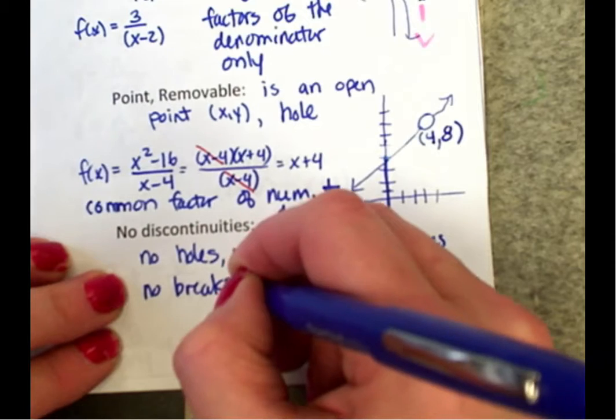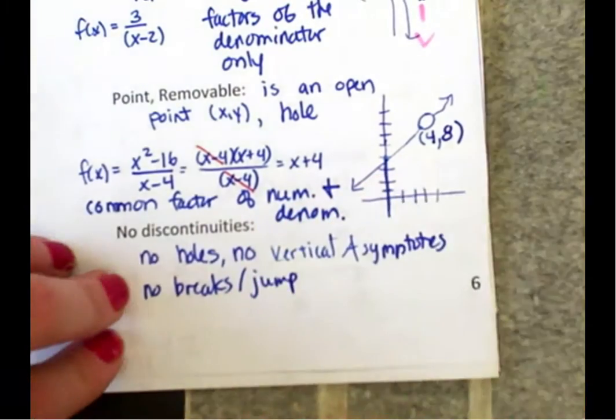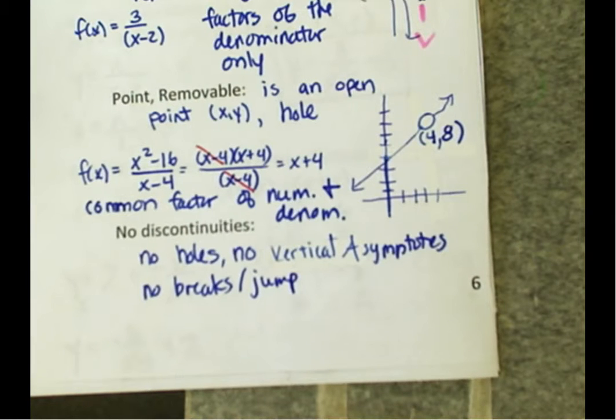Sometimes we call that a jump. Which means the denominator has no common factors, and there are no zeros of the denominator. We're going to do 2 of those examples on the next page, and then we'll come back and write it, because I think if I write it first, it won't make sense. So we'll come back and write it right after we do the example.